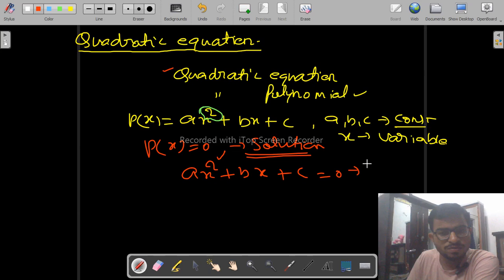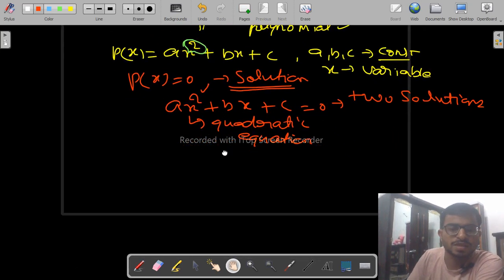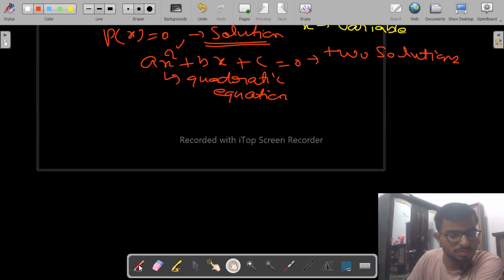So it will have two solutions, and this is called the quadratic equation.